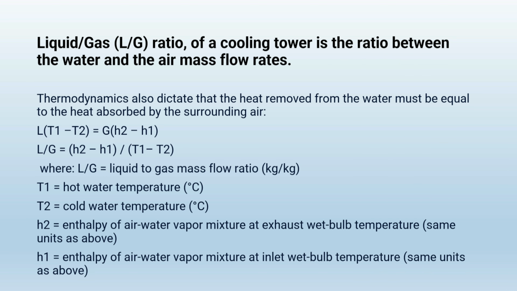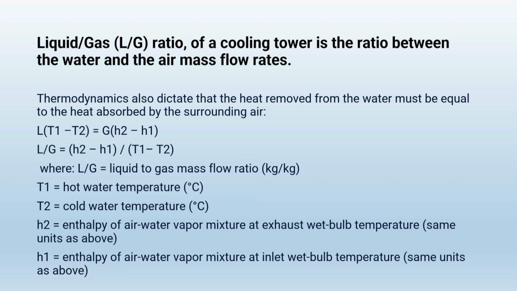So liquid to gas ratio is the ratio between the water and the air mass flow rates. Thermodynamics also dictate that the heat removed from the water must be equal to the heat absorbed by the surrounding air, that is L into T1 minus T2 is equal to G into H2 minus H1.